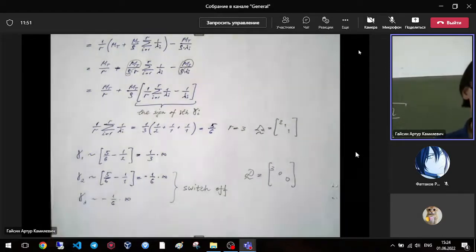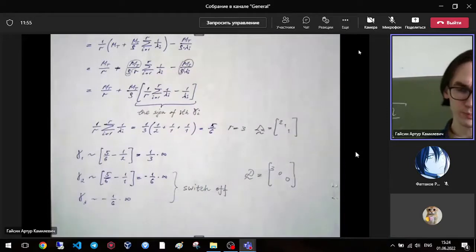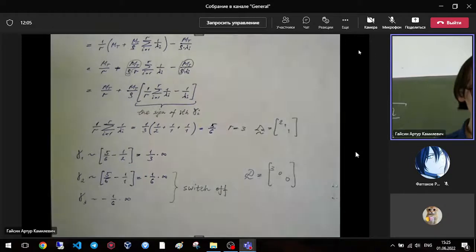So next, let's continue this task. I will start it with a new page, and now we need to calculate closed loop capacity. In this case, we will use the water pouring algorithm.